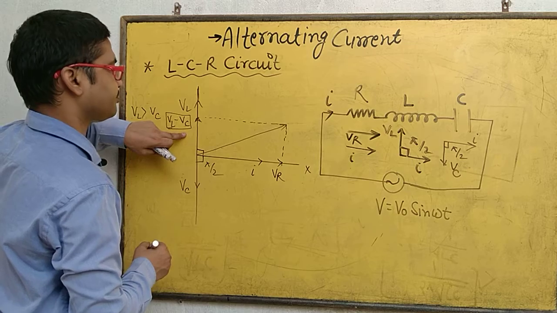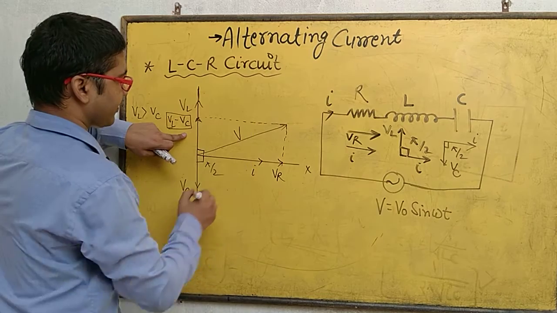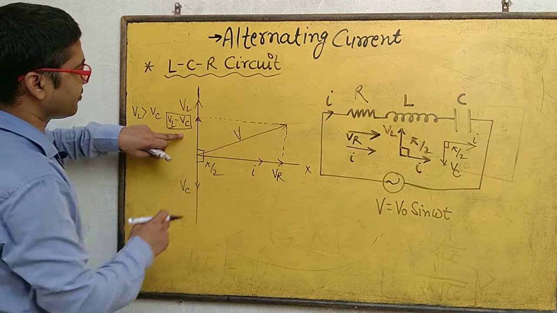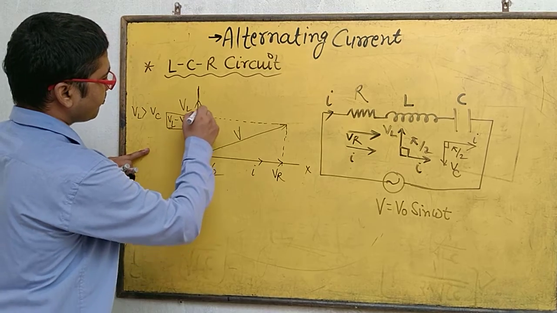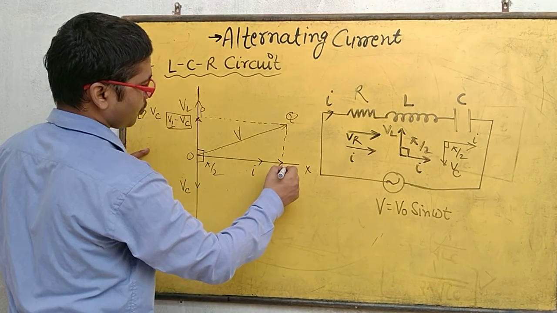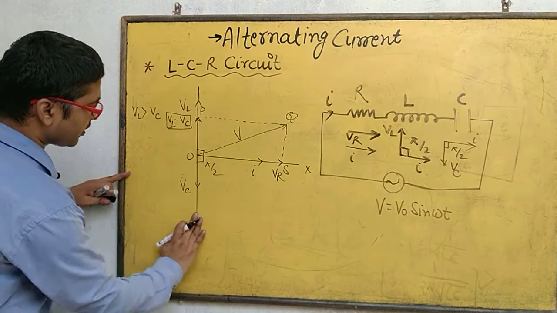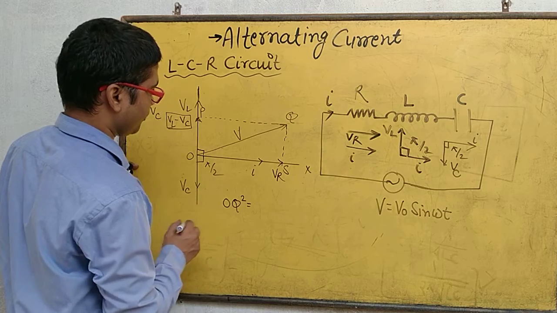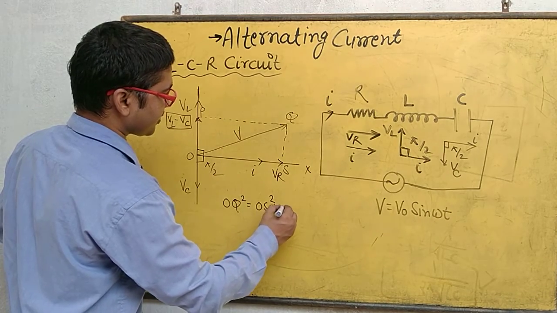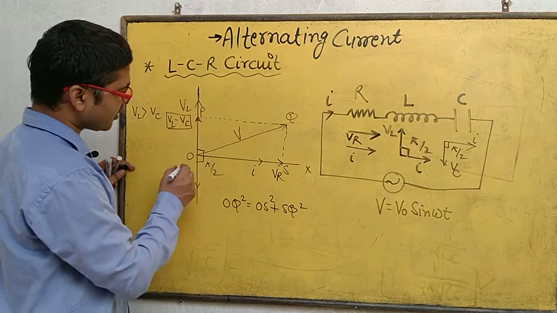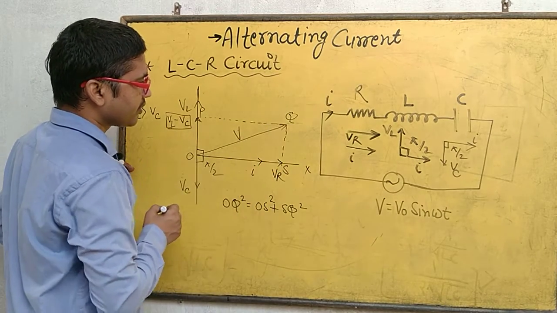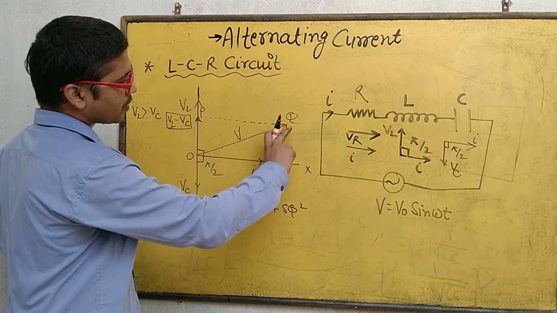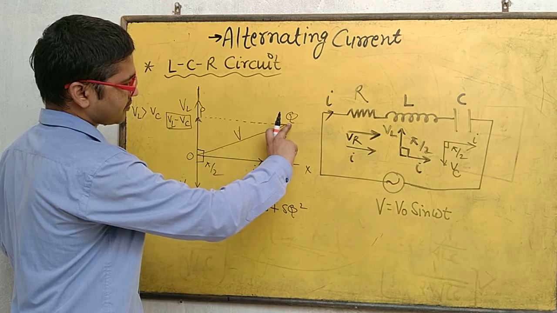So you can see here, this one is the net effective voltage for this circuit. If you write O, P, Q, S here, then OQ square is equal to OS square plus SQ square, since OSQ is a right angle triangle, and this OP, that is VL minus VC, must be equal to QS.